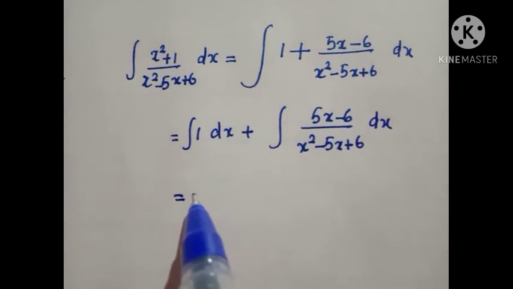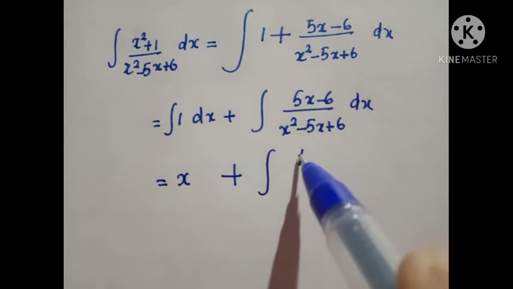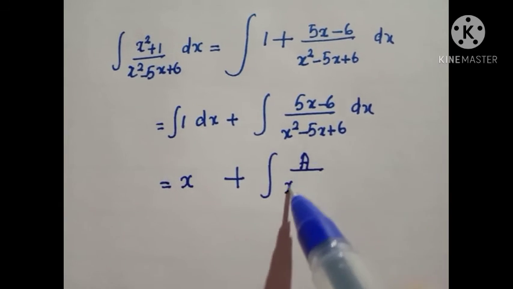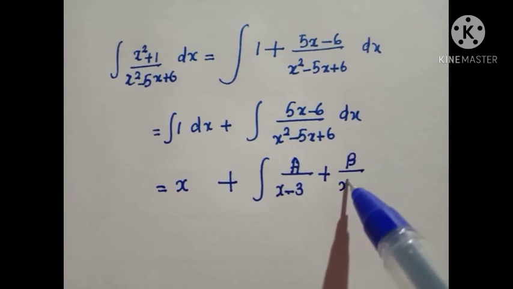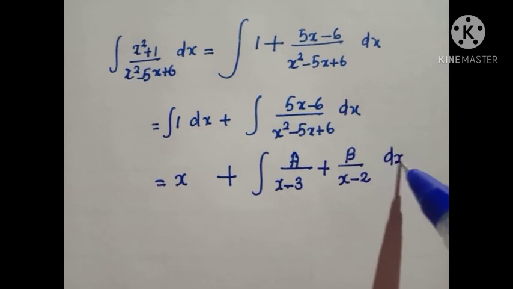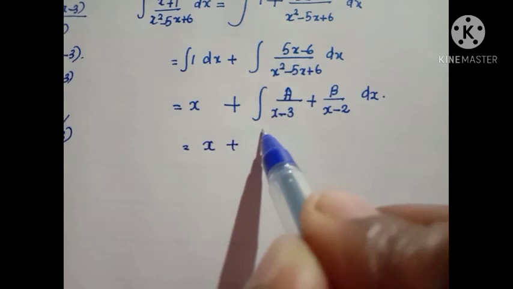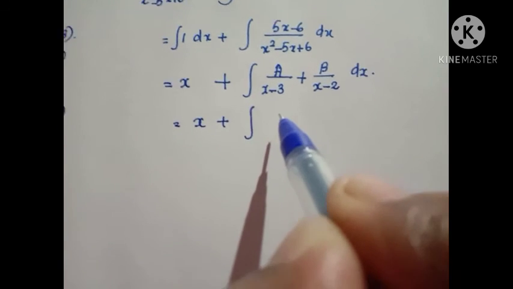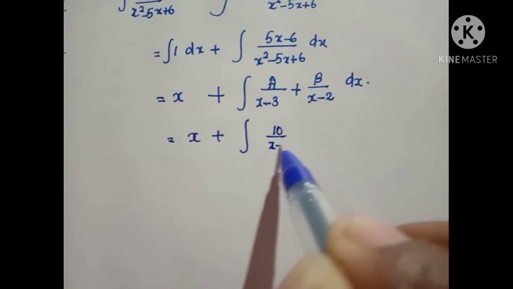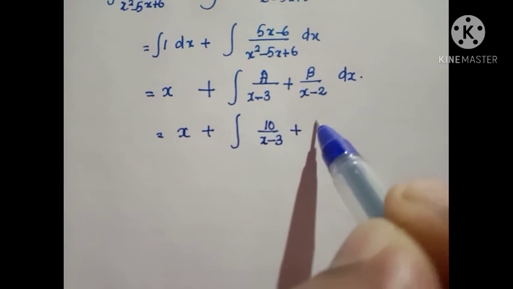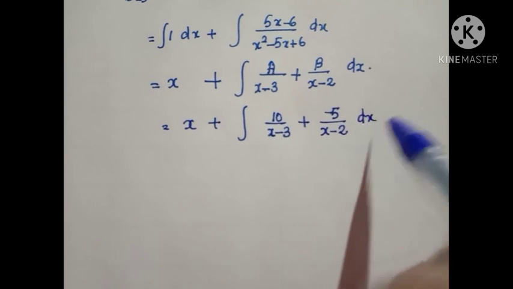Here the integral of 1 is x, plus, here we introduce partial constants, ∫[A/(x − 3) + B/(x − 2)] dx. Now x plus the integral, what is A? A is equal to 10. 10/(x − 3) plus B is −5, −5/(x − 2) dx.